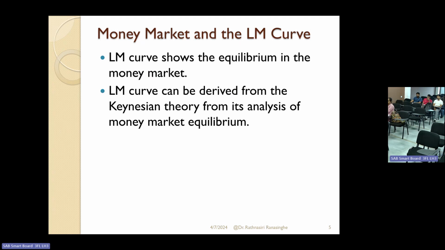Those are the forces in the money market which determine equilibrium. The interaction between liquidity preference and money supply determines the equilibrium, and we derive the LM curve from that explanation. It was originally developed by Keynes.